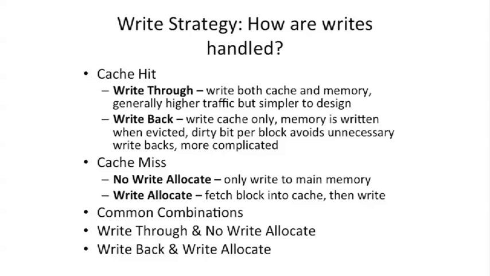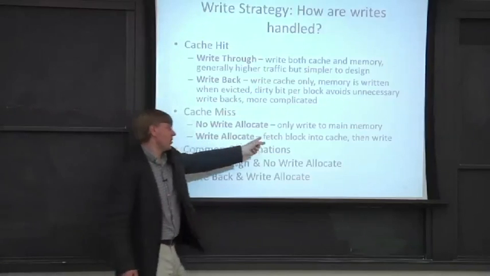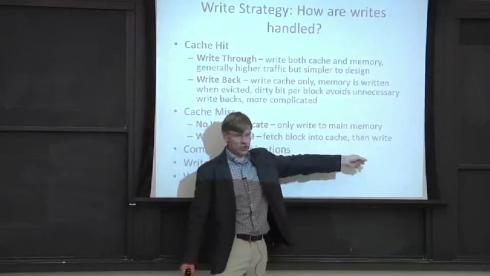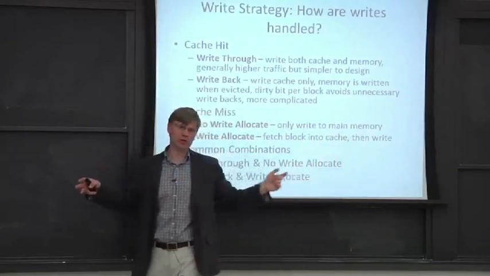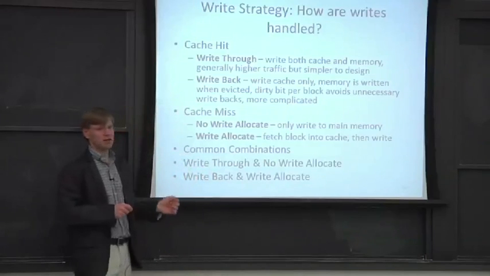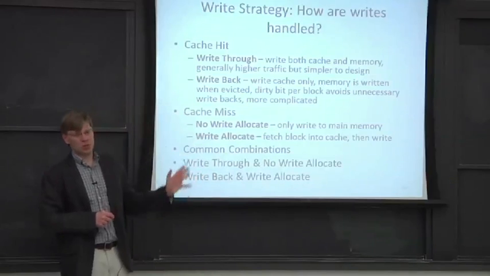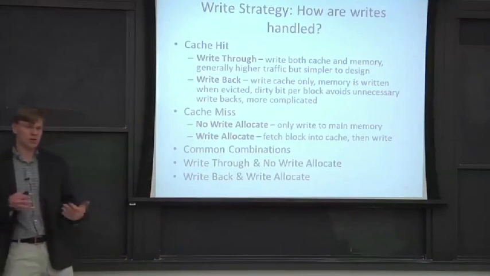You're not forced to keep a local copy. You can always send it out to your canonical main memory. Write allocate says, go fetch the data from memory, merge it in the cache, because usually the block size is longer than the amount of data you're writing, so merge it, and then probably either put it out to main memory if you're write through, or just keep it in the cache if you're write back.